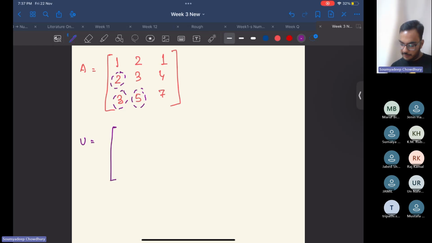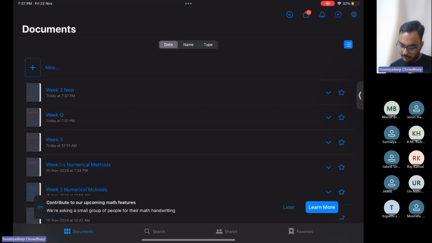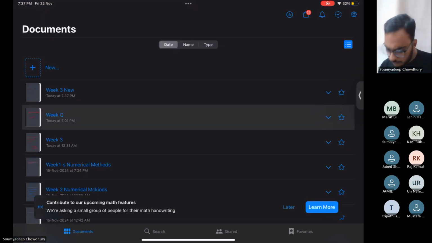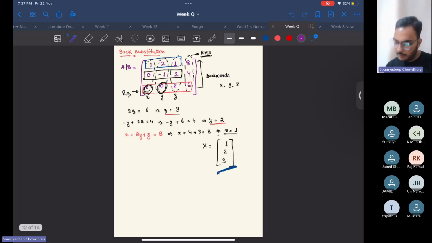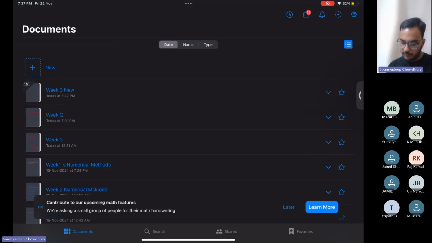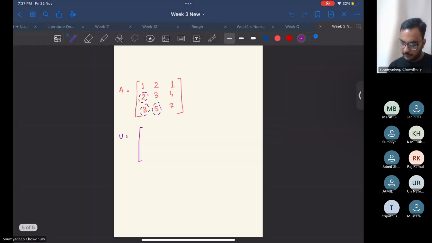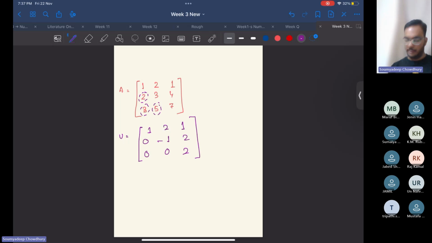Can someone tell? It is basically 1 2 1, 0 minus 1 2, 0 0 2. So you have your U matrix now.